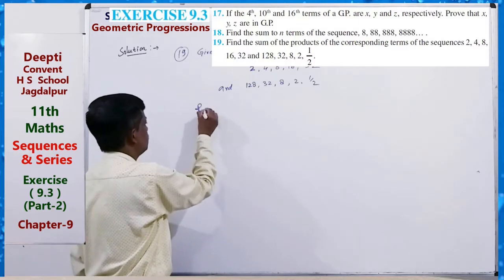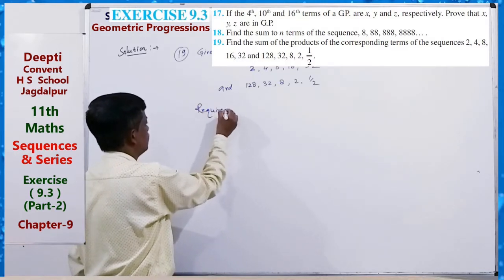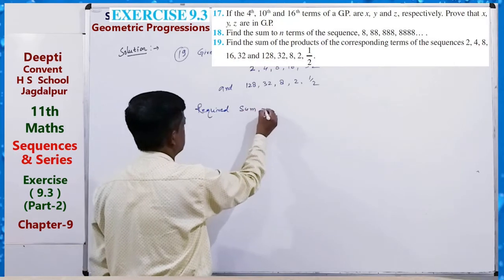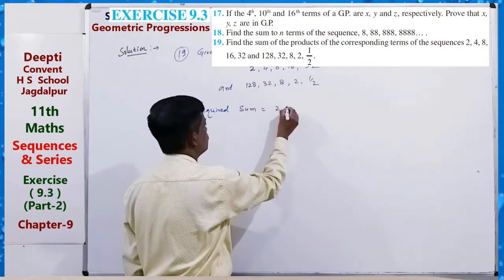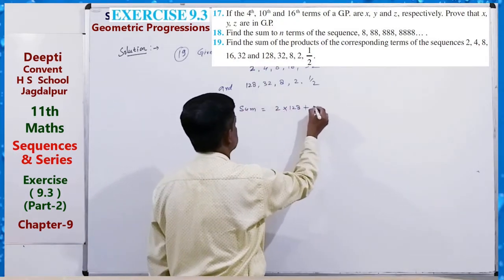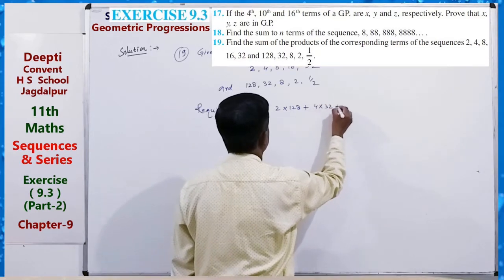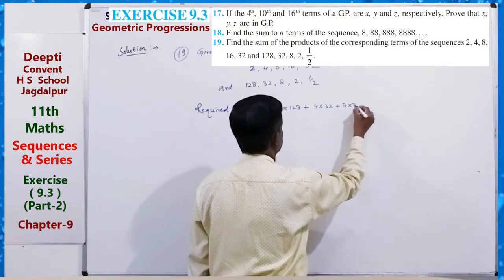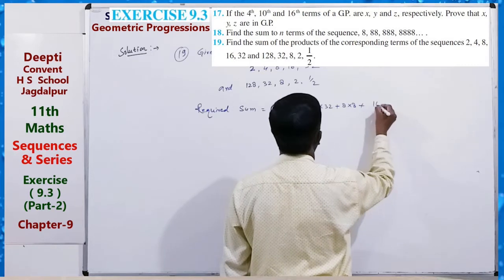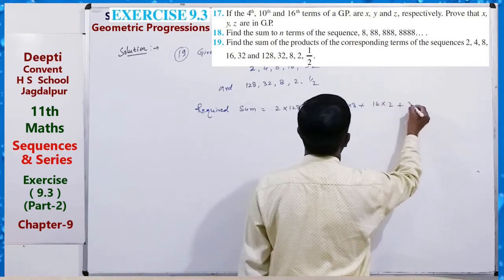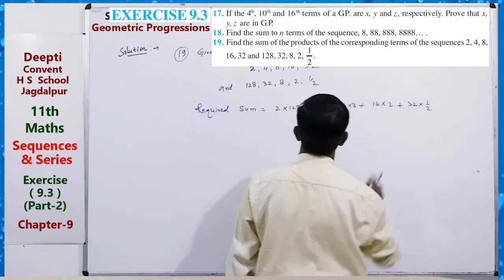So the required sum is 2 into 128 plus 4 into 32 plus 8 into 8 plus 16 into 2 plus 32 into 1 by 2.